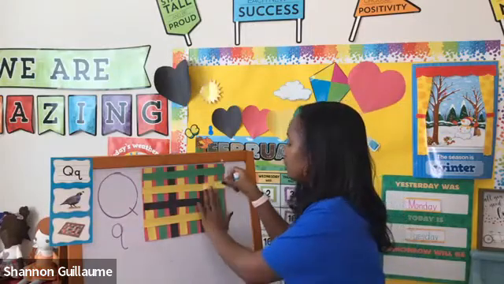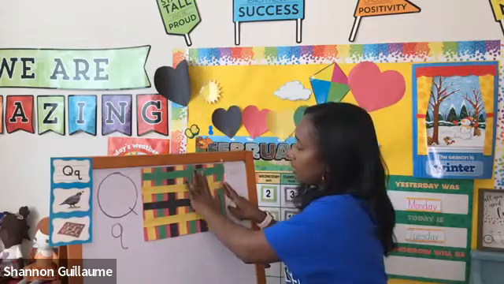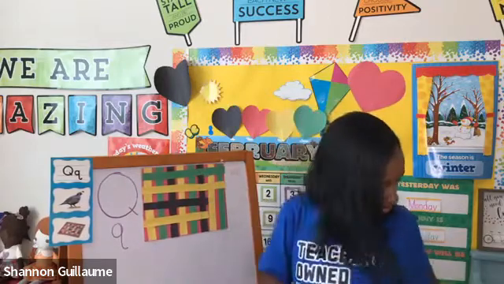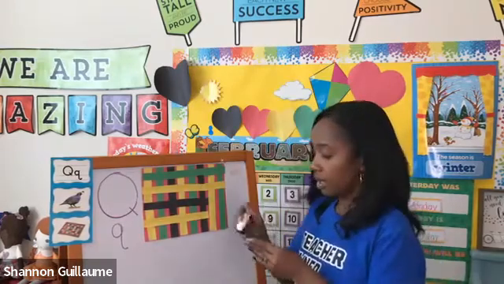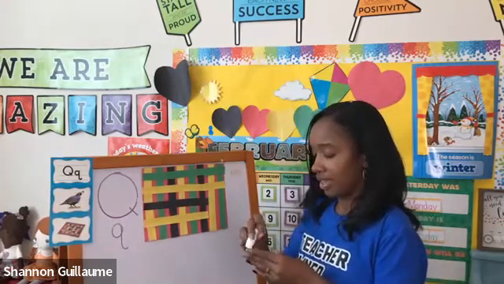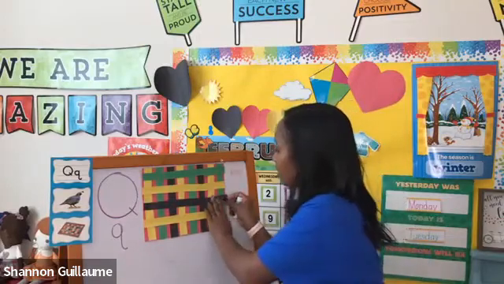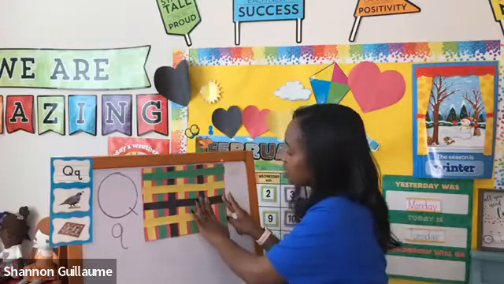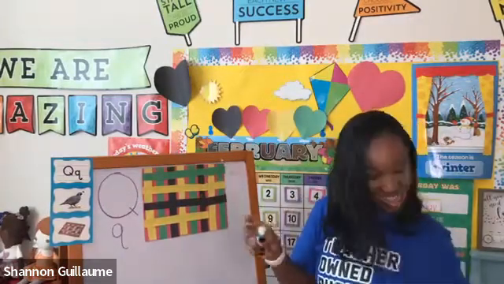There we have it. And then we're going to go down to black. And then yellow. Then we'll be finished our quilt. There we have it. Right, friends?